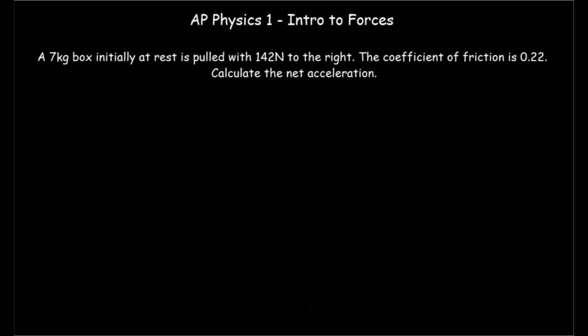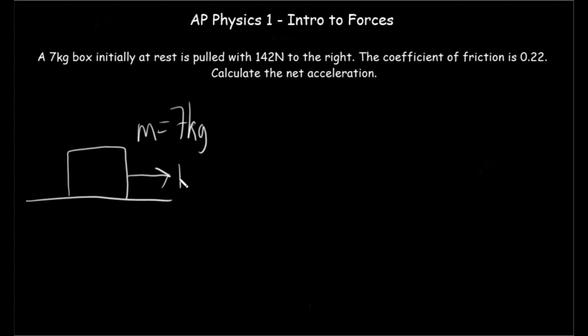Calculate the acceleration. So we're solving for the same thing here, just with different givens. So we know our mass, we know our force of push, and we know our coefficient of friction.